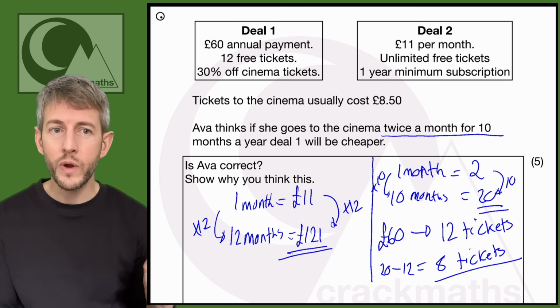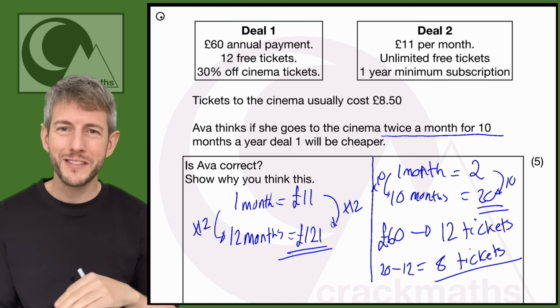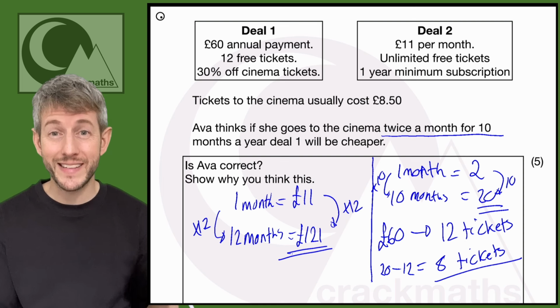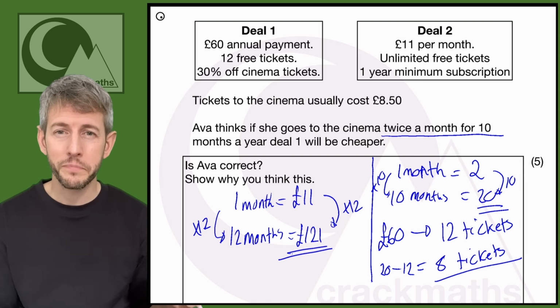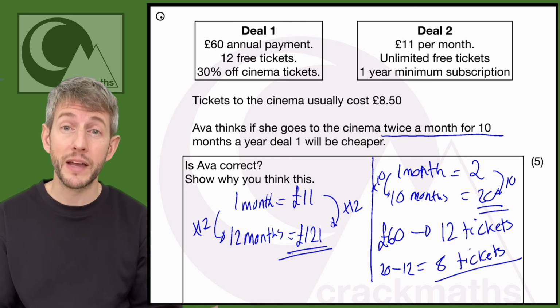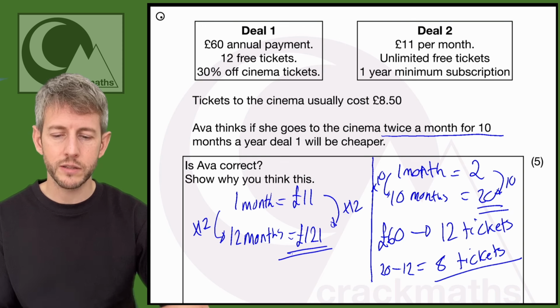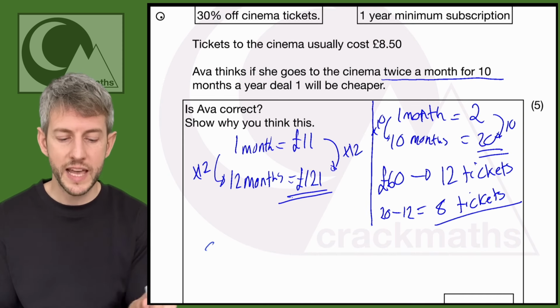Now, we know we get 30% off cinema tickets with this deal. So what I'm first going to do is work out how much these extra 8 tickets cost without the discount, and then I'm going to apply the discount so we know how much she's going to have to pay for her extra 8 tickets. So let's have a look. Tickets to the cinema cost £8.50.